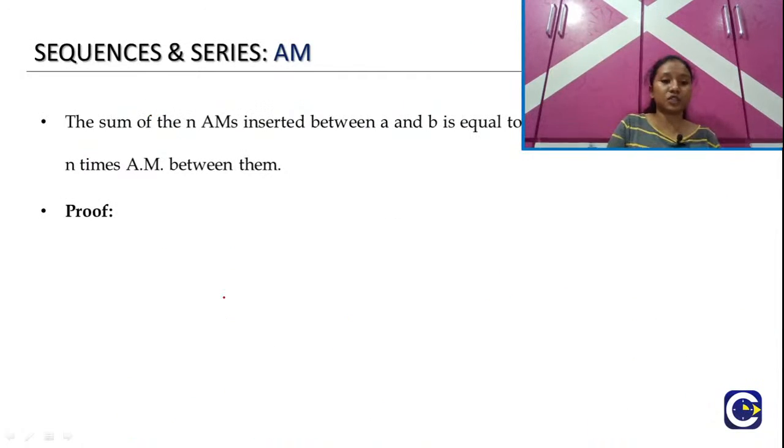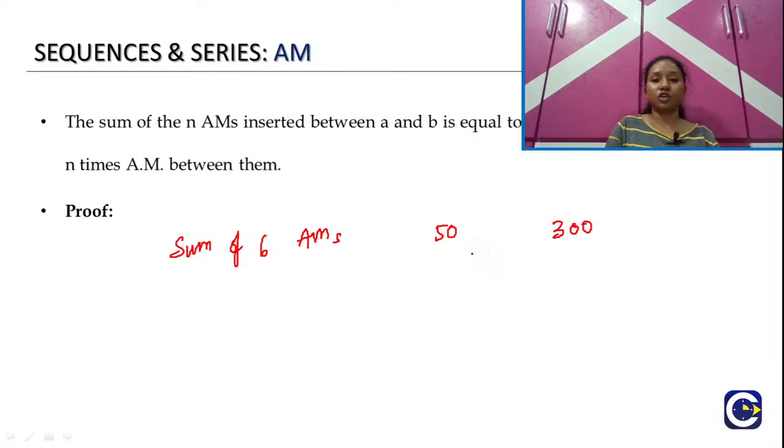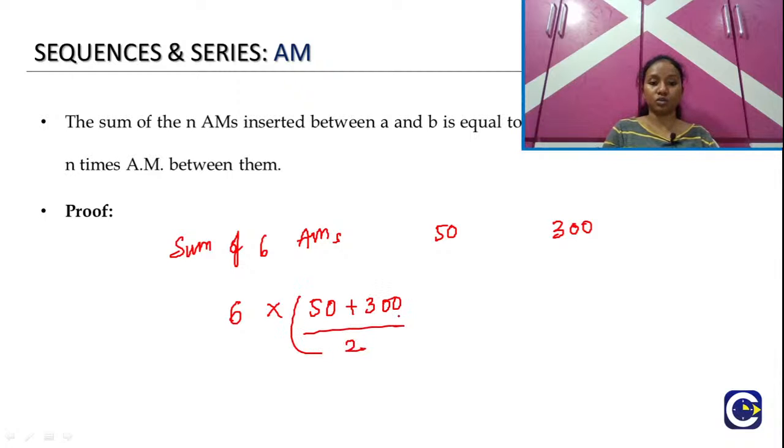Suppose we have to find the sum of 6 arithmetic means inserted between 50 and 300. Then we can directly say that it will be equal to 6 into the average of these two numbers, which is (50 plus 300) divided by 2.